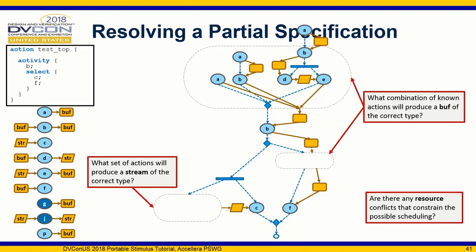So again, as complex as this might be, coming up the left-hand side of the graph, I still know what requirements there are as to how those are going to interact with the other things that I've already specified or inferred to support B. As I pull all these things together, I have certain things that are definitely required that I've specified in my activity, and I have certain relationships between things that I might pick out based on resource contention and other things, and so I can figure out how they can relate, and I can pull them all together, one big set of solutions, and then from there I can generate my implementations.